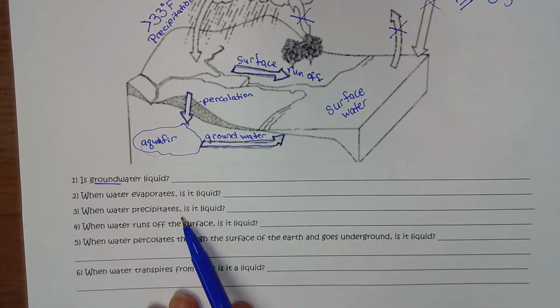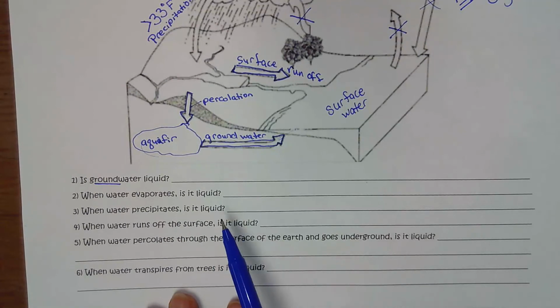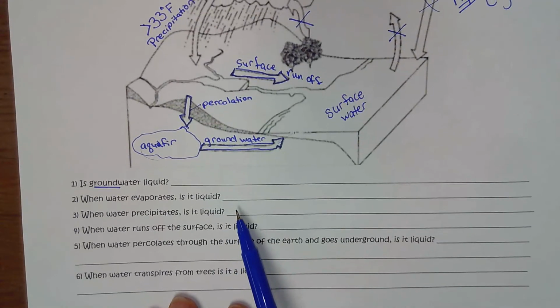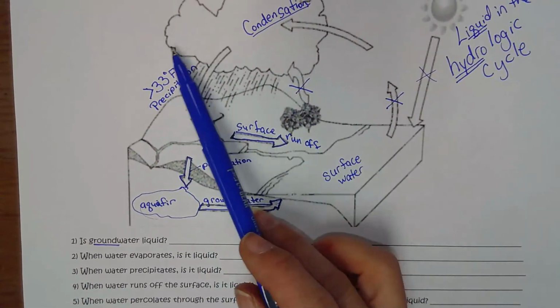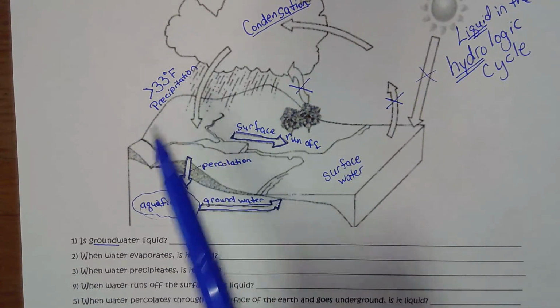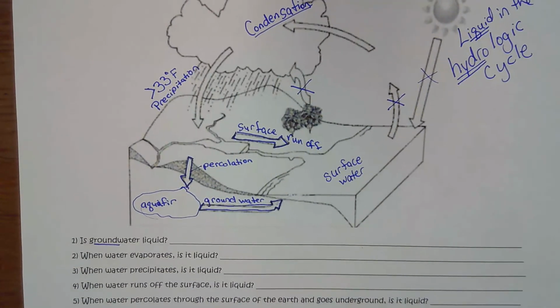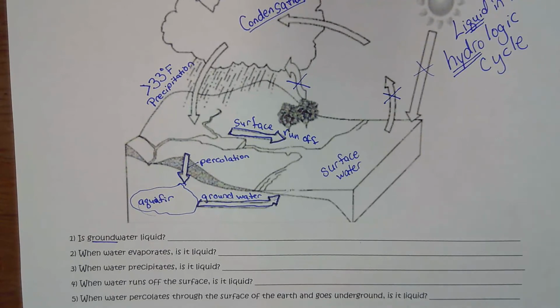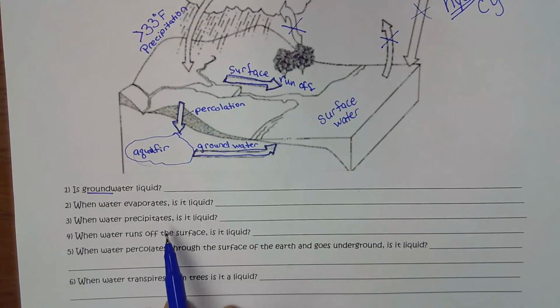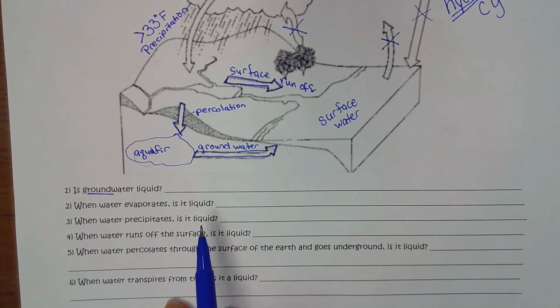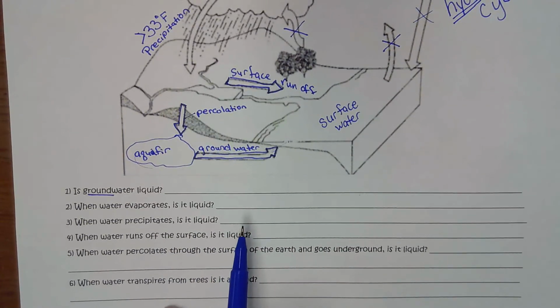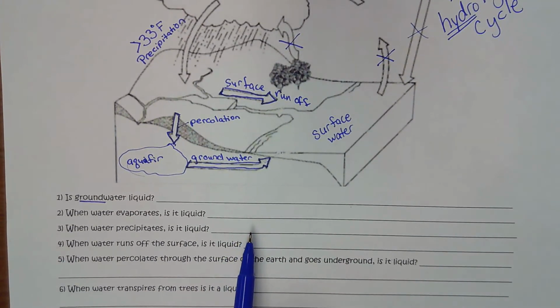When water precipitates, is it a liquid? If you had an answer here yesterday, I want your answer today to reflect what we put on this graphic. You may not say water is sometimes liquid when it precipitates. Be very specific. When is it that water is liquid as it precipitates from the sky?